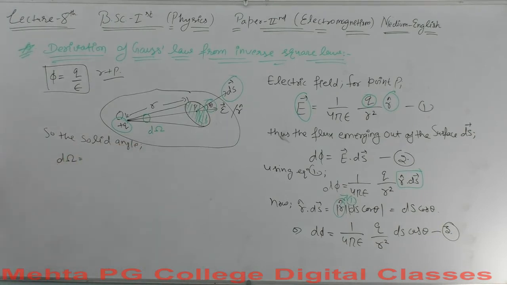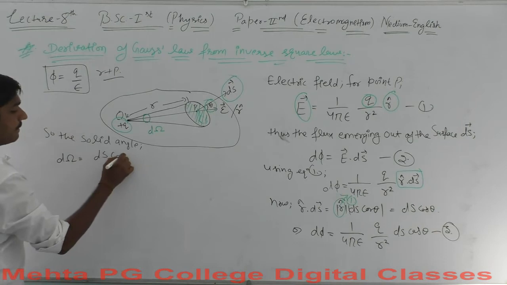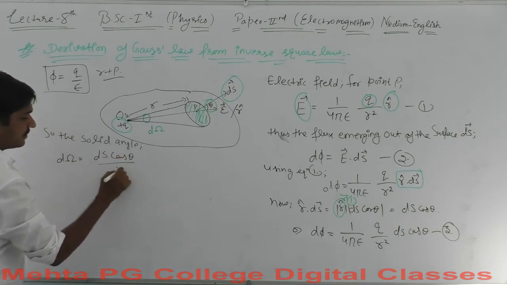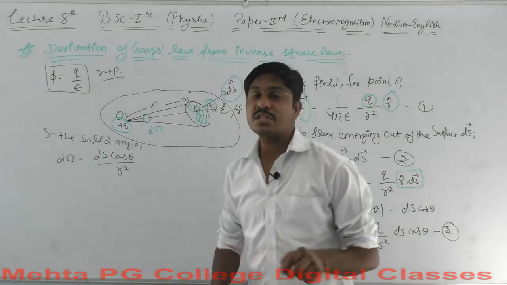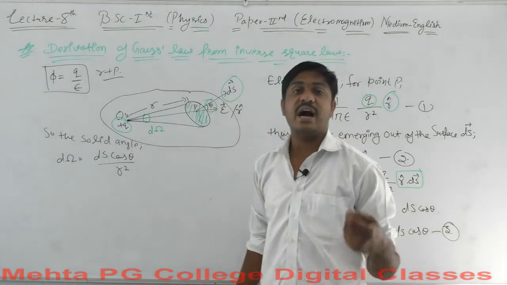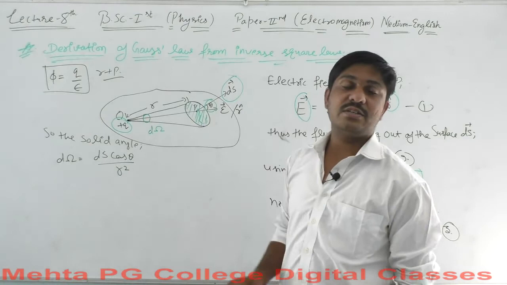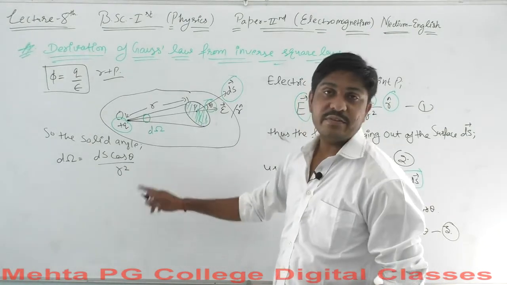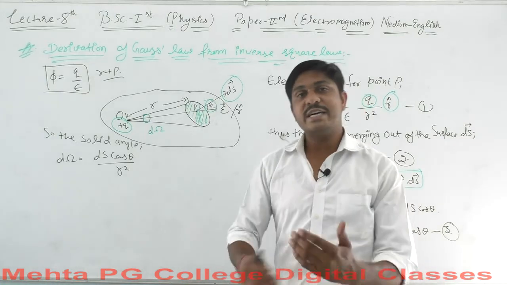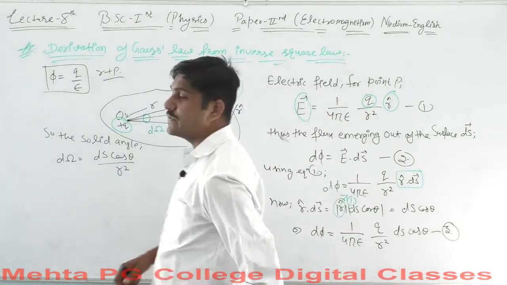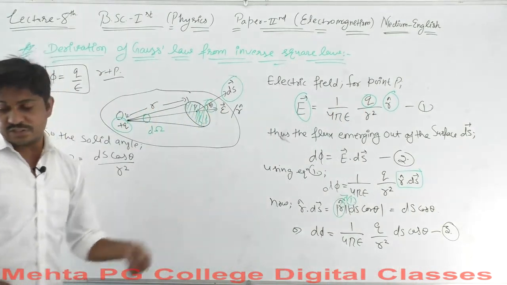The solid angle d omega is equal to ds cos of theta over r square. In our previous section we discussed how this value of d omega is derived. Let's proceed and use this value in equation 3.